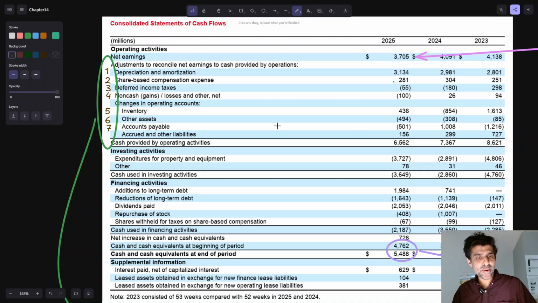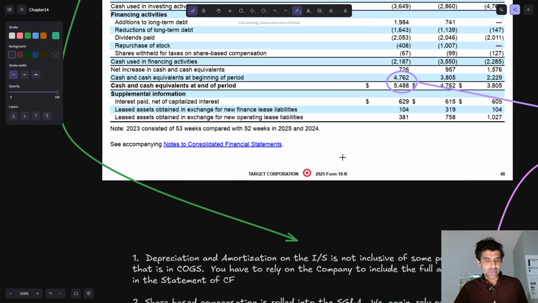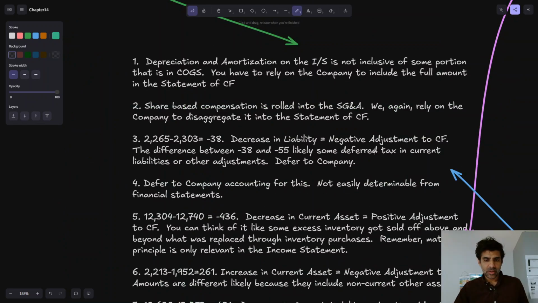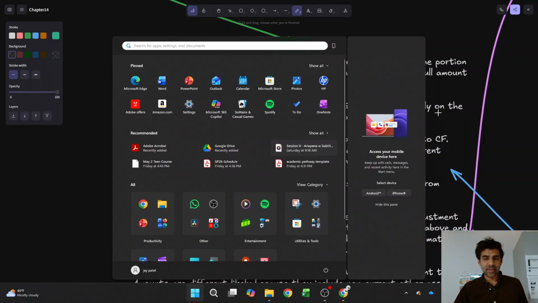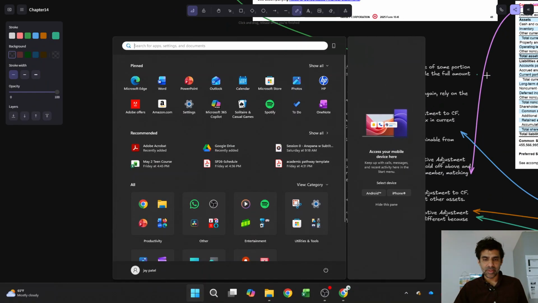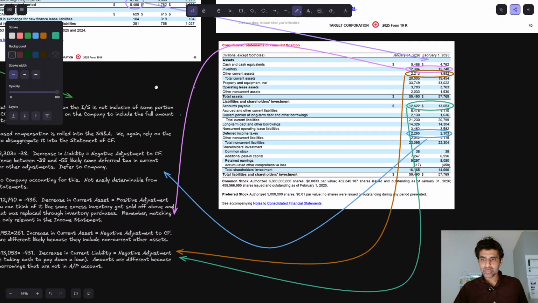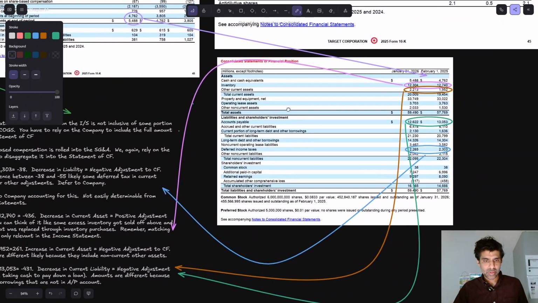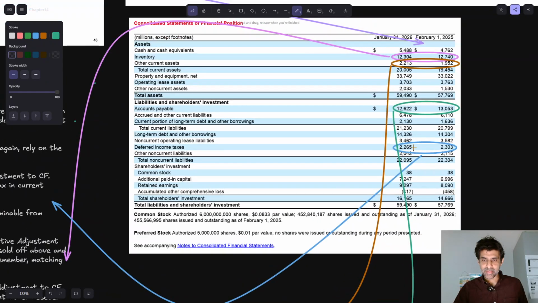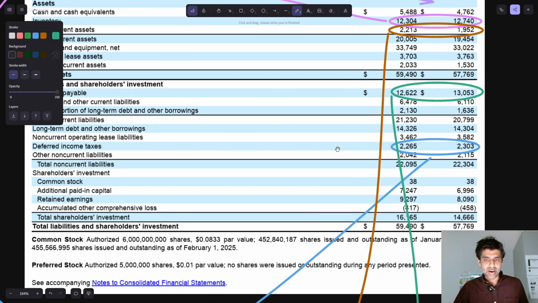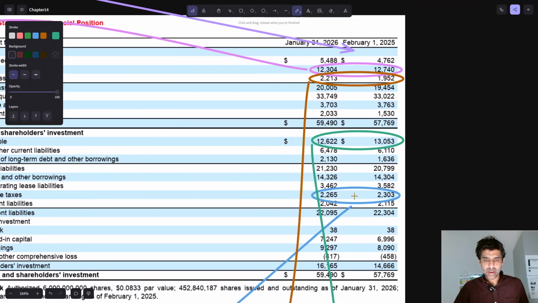Okay, so number 3, deferred income tax. This is a negative adjustment. So what did I write for this? It's a decrease in a liability. Deferred income tax, okay, so this is on the balance sheet. You can see here that this deferred income tax liability is decreased.